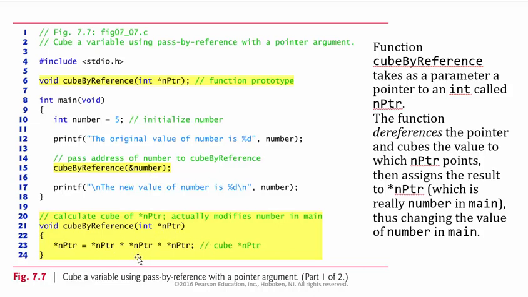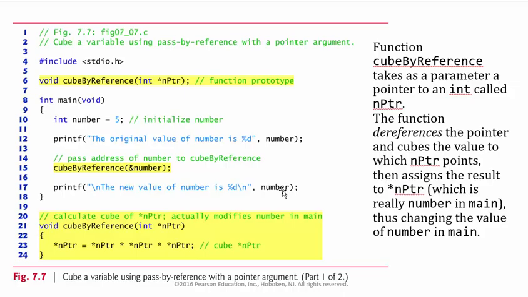It does its operation on it, but it modified the value stored at that address that I'm pointing to. So it modified number in the end, outside the function. It's been modified in the caller program versus only being in a function.